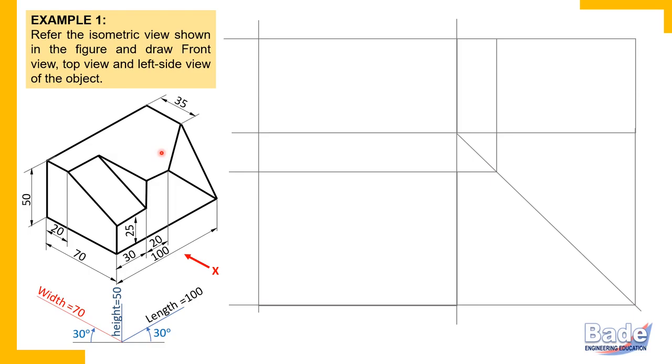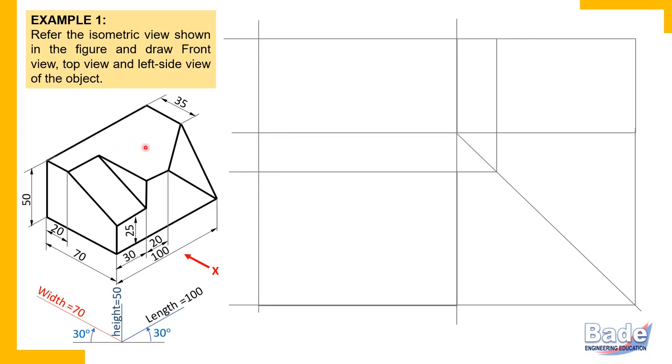Remember, the discussion we are doing now is very, very important. Now listen to me very carefully. If a surface has two perpendicular principal edges, then that surface is a principal surface.